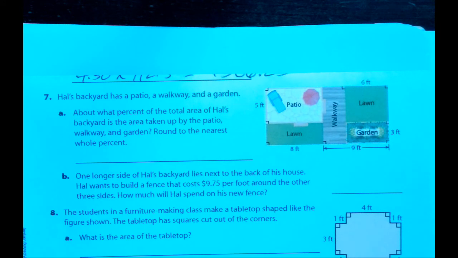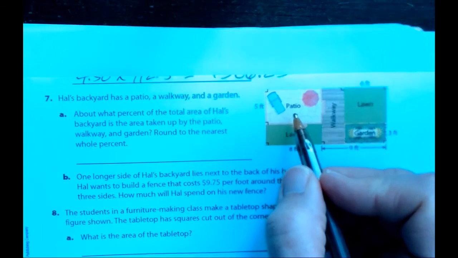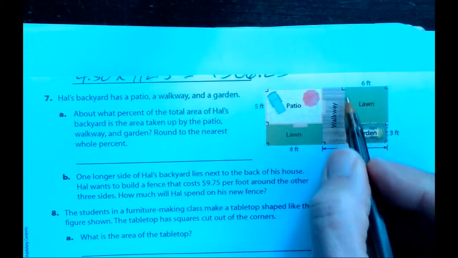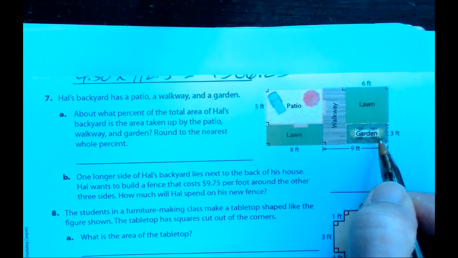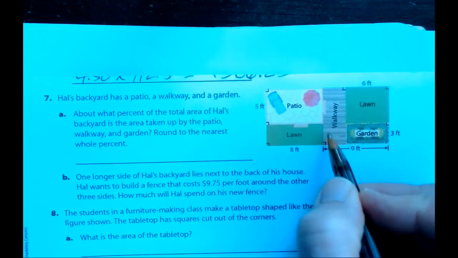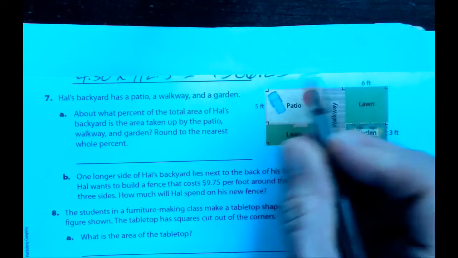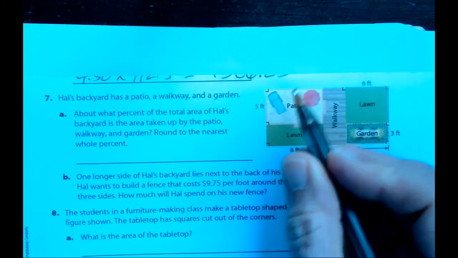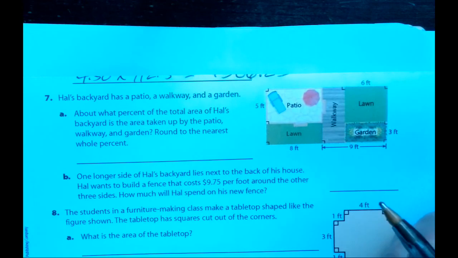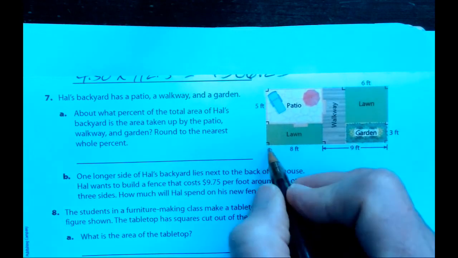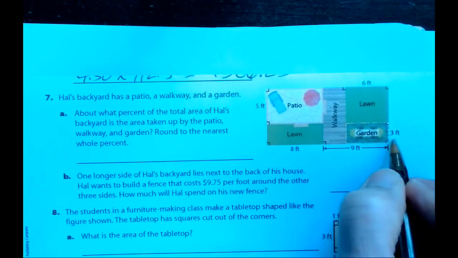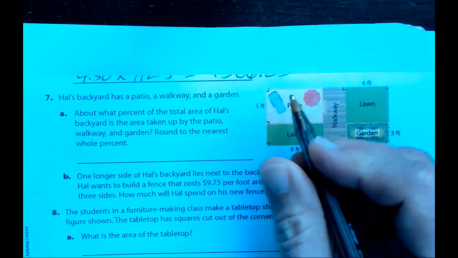So we need to calculate the area of the patio, the walkway, and the garden, and we're going to figure out what percent that is of the whole yard. Okay, so maybe we start with the whole. We need to find out what the total base length is here versus the height and calculate the total area.